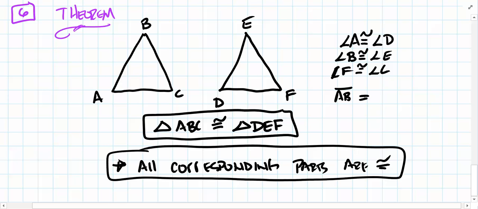DE. Very good. I know that side CA is congruent to what? FD. Good, because the order matters that we say these things, right? I know that side BC is congruent to what? EF. Side EF.